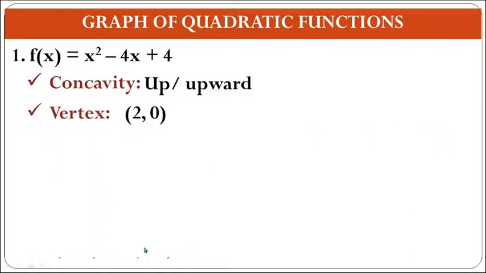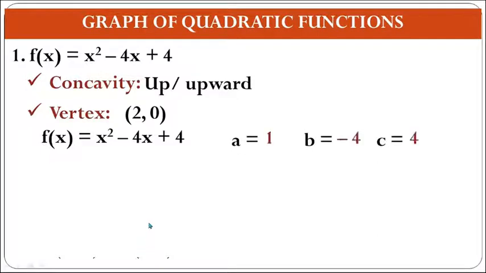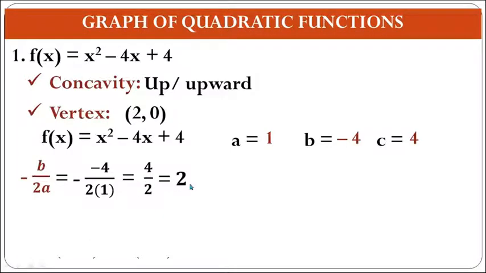Or pwede rin gamitin yung other method in finding the vertex. Identify the values of a, b, c, and yung ating h, ito yung ating gagamitin. Then substitute and simplify. Yung kuha natin sa x is 2. And for our k, ito yung ating gagamiting formula.